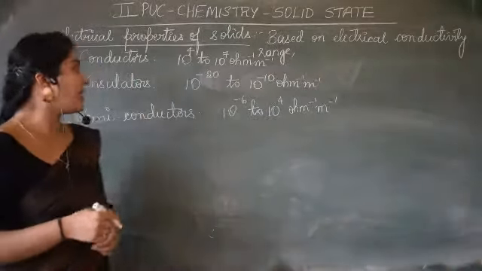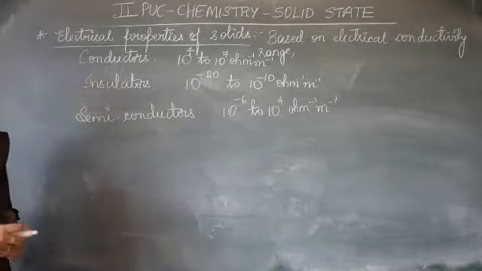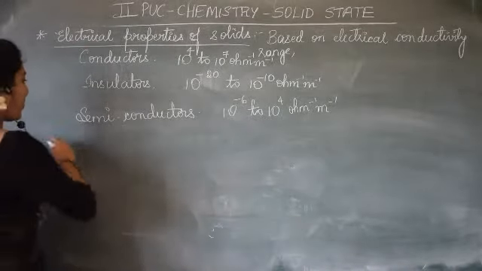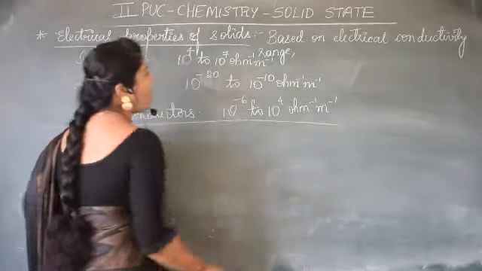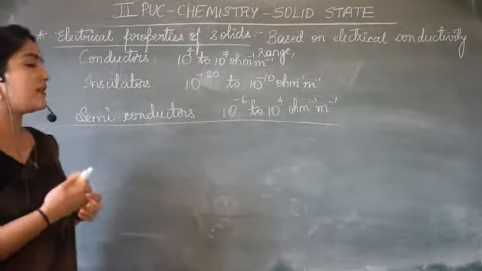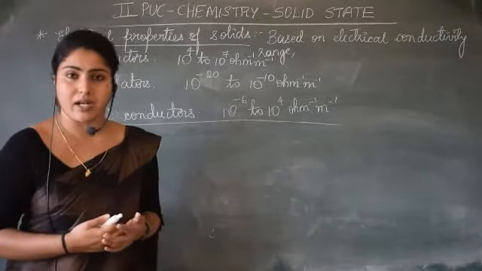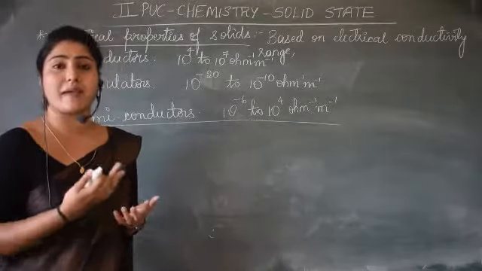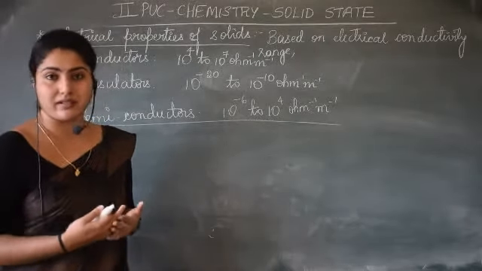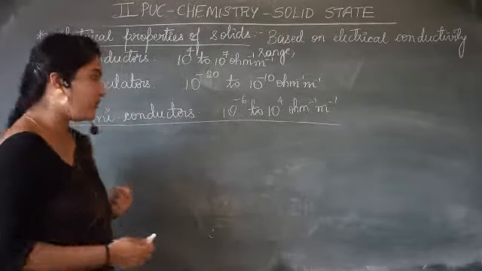This is about conductors, insulators and semiconductors. Now we will move on to one more part where we can classify these conductors, insulators and semiconductors, or how we can study this based on valence band theory. Band theory of solids we say.